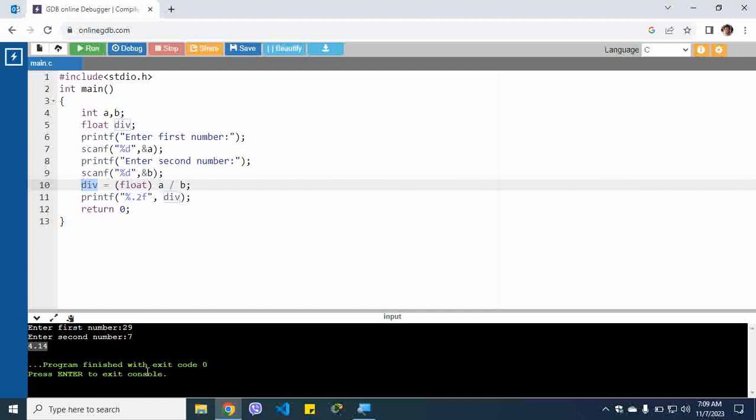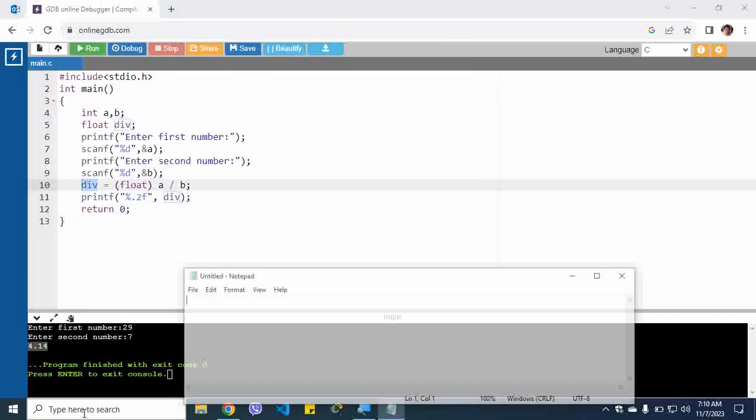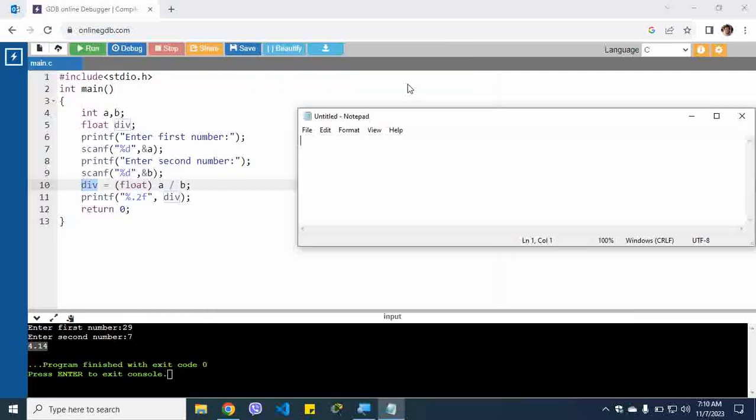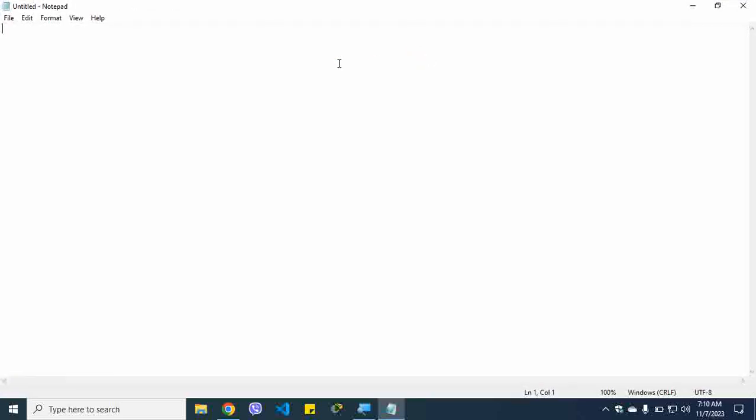So come to which operator? First one is arithmetic operator, which mean assignment. Okay, assignment operator. So we are going to learn about this one. Assignment operator.